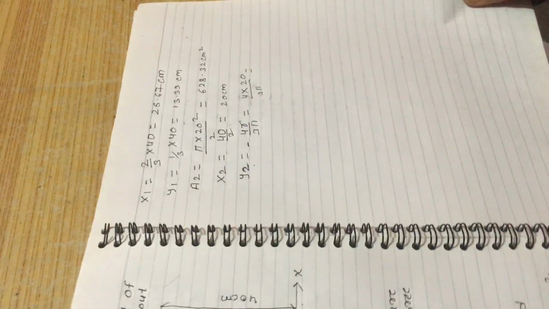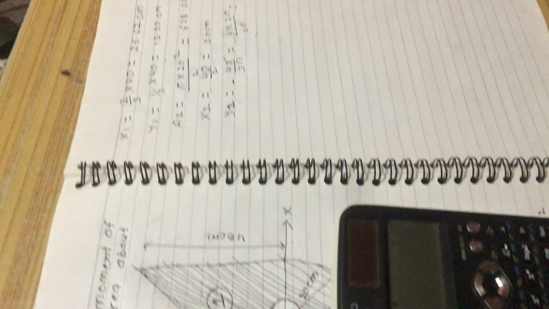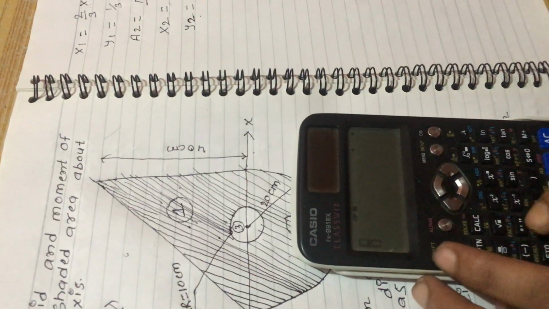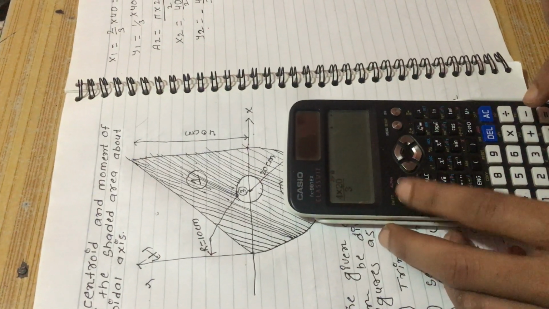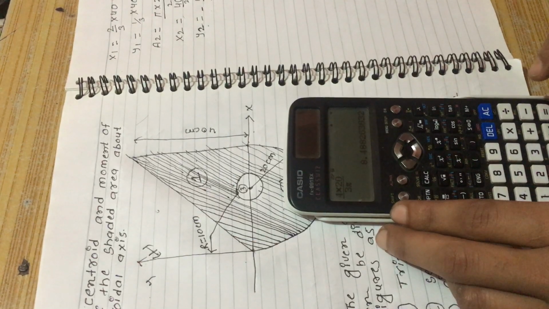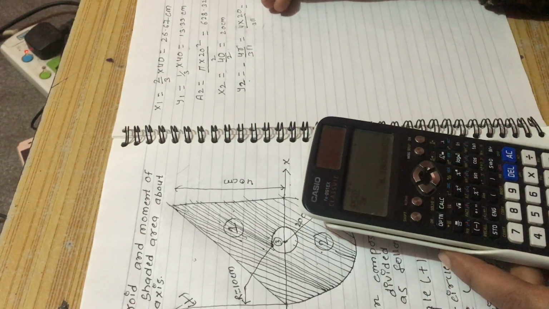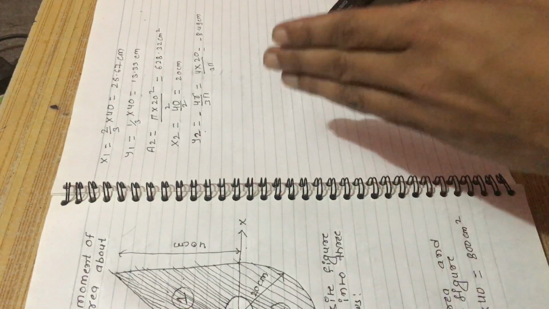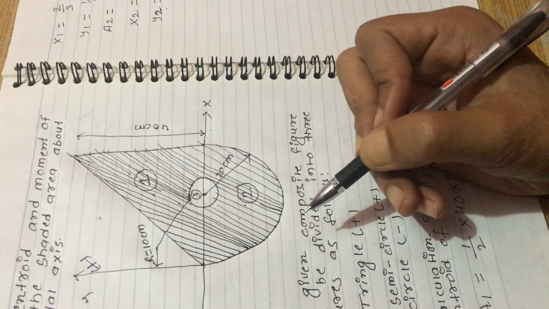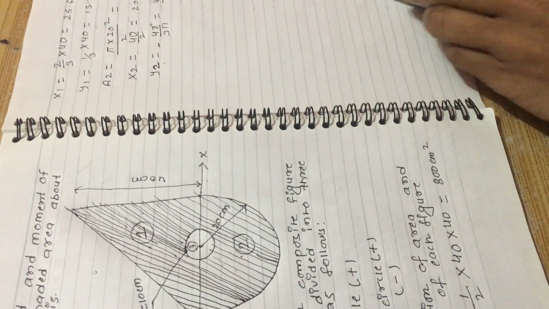On using the calculator, we get minus 8.49 cm. Here y2 becomes negative because this figure lies below our referential axis. That's why y2 becomes negative.